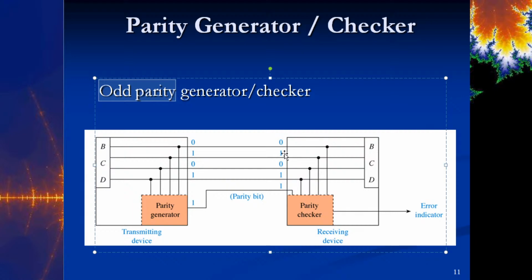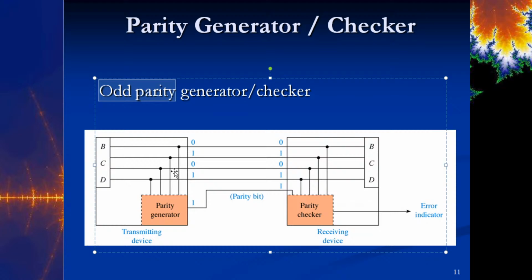If we were to get a different count over here, like maybe this one became a high, that would give us even parity, and it would throw an error that there was data corrupted in the transmission. Okay, so that's where we're using this. So that's all it is. If it's even parity, then you just have to make sure that there is an even number of ones. Now see, in this case, for this odd parity, the actual data is 0, 1, 0, 1. That's even parity.